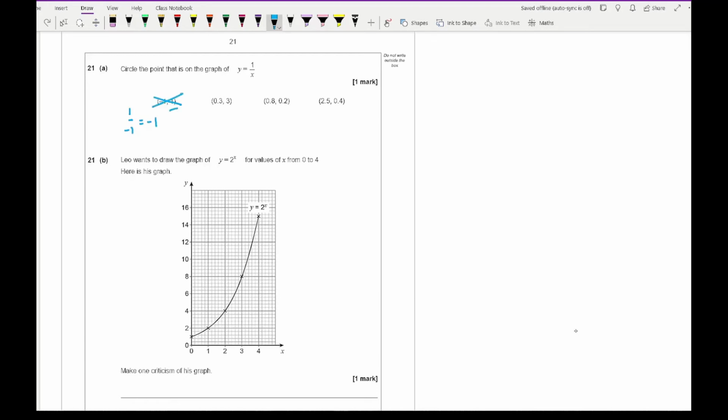Here we've got 1 over 0.3, which is 1 over 3 over 10, and that then becomes 10 over 3, which is not 3, so that's not the case. Then we've got 1 over 0.8, which is 1 over 8 over 10, which is 10 over 8, and 10 over 8 is 1.2, so that is not the case.